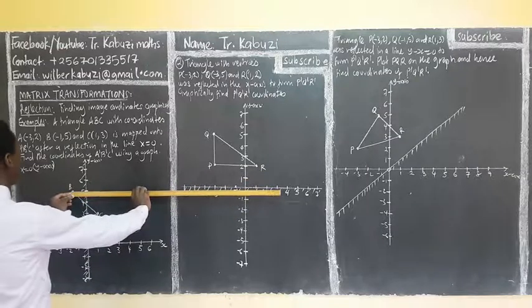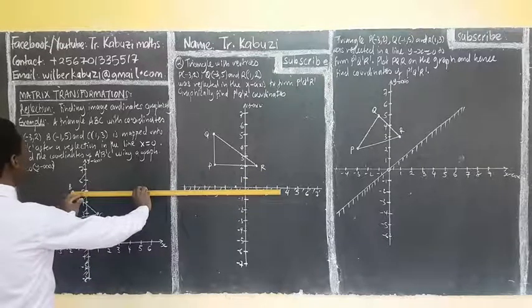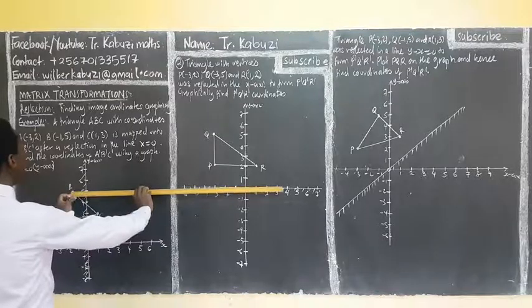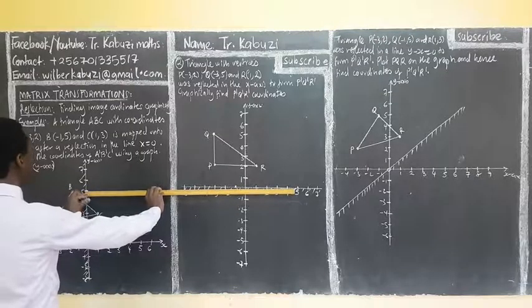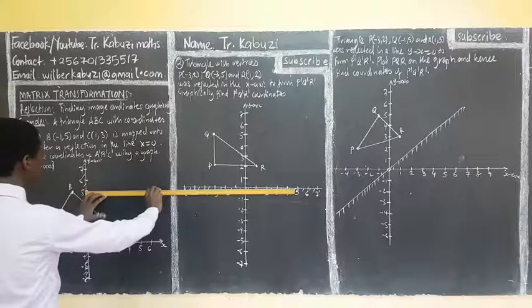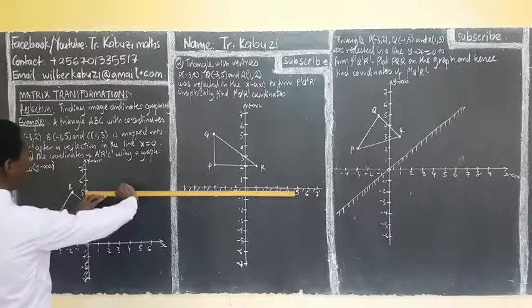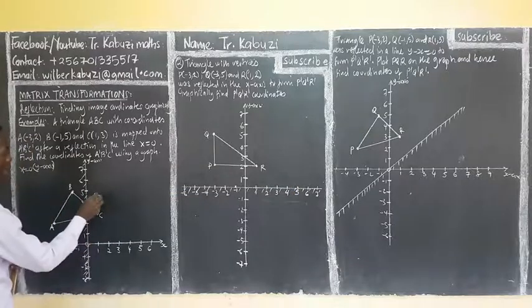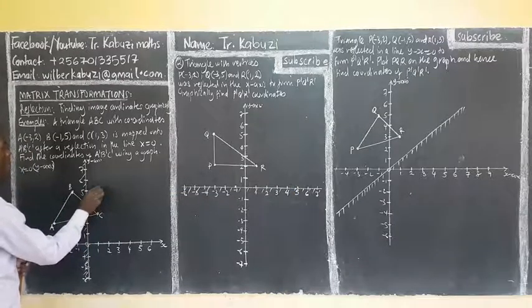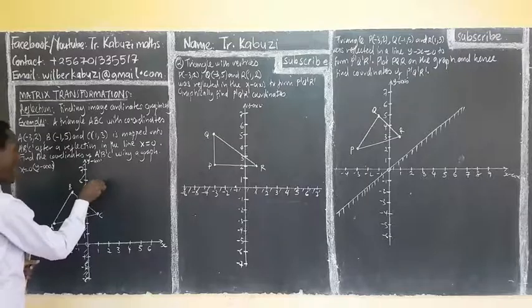Then you take the same distance to the other side and measure there, and this is going to be your B. So here is my B prime.